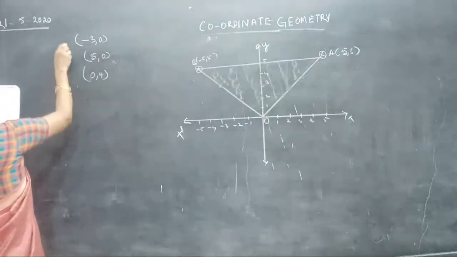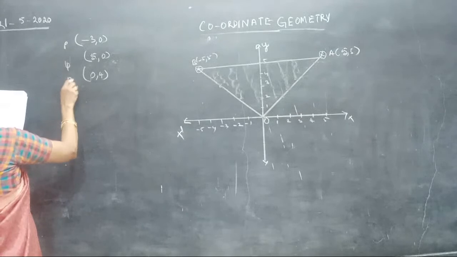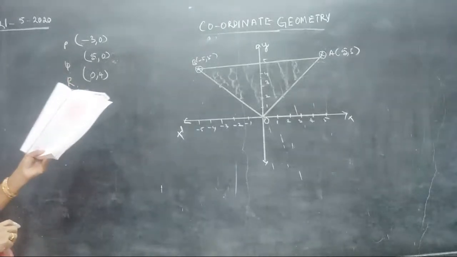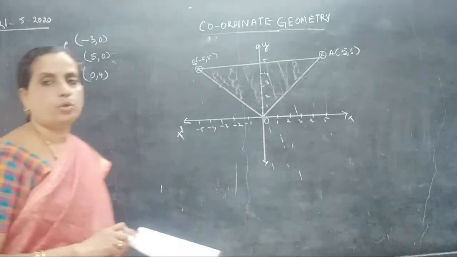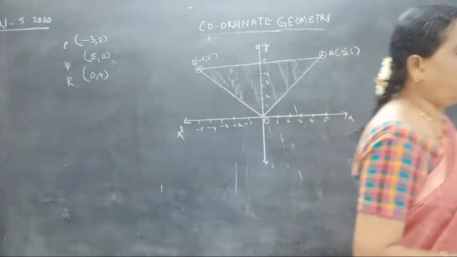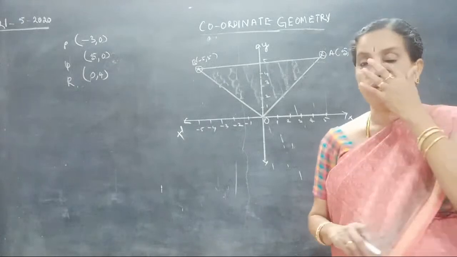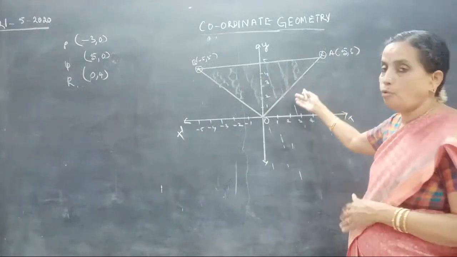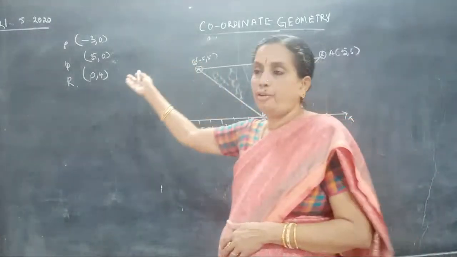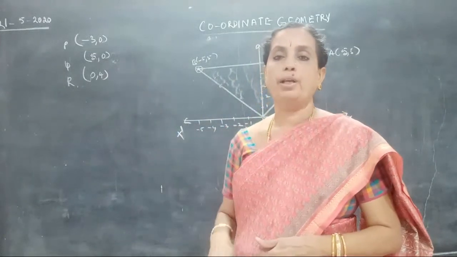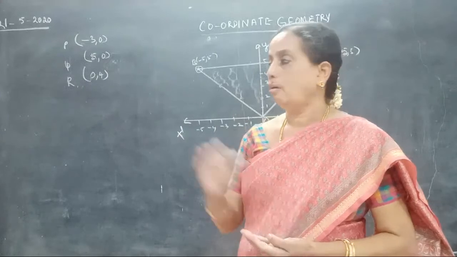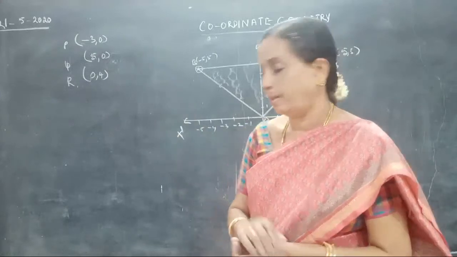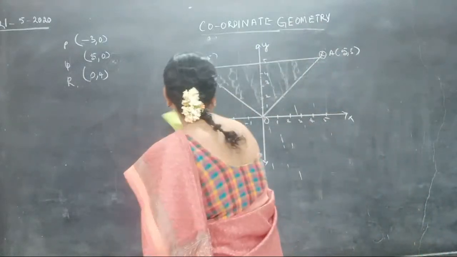Name them as P, Q, R. Name the figure formed by joining these points and also find its area. So far we used to shade the region so formed. Here, after plotting, you have to name the figure and also calculate the area of the region bounded here.